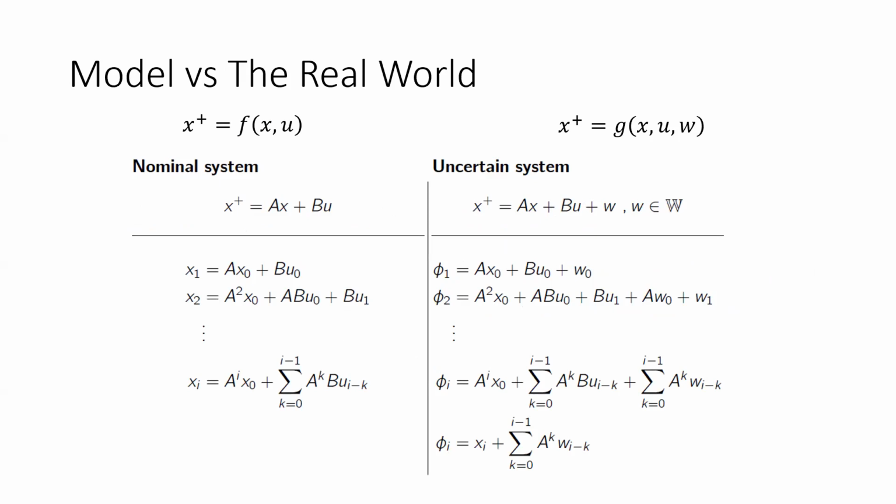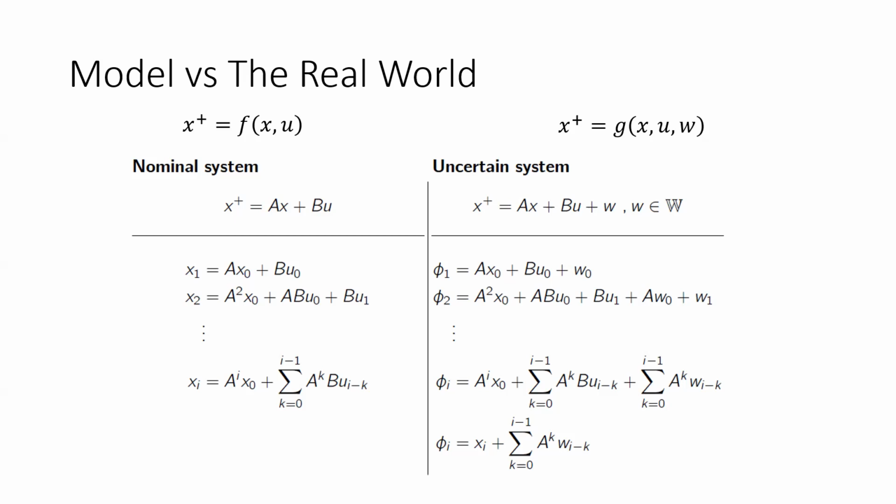As I mentioned, this is what we assume our model should be: we have perfect knowledge of what our next state is going to be given our current state and the action to take, and this goes on infinitely with no issue at all. That's what we assume for the previous problem statement to work. However, in actual daily life, we could have some errors in the model that we set up, like some error in coefficient A or coefficient B.